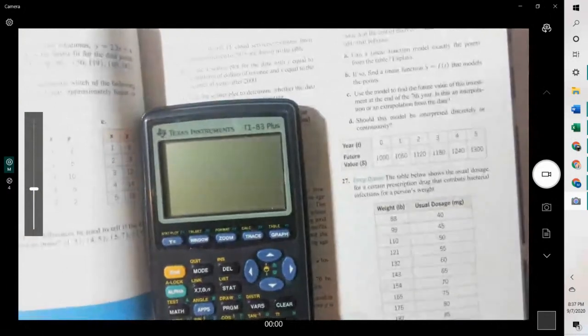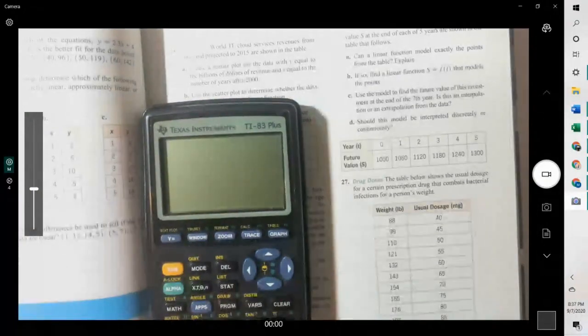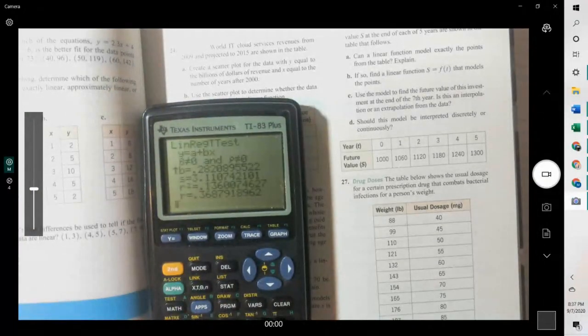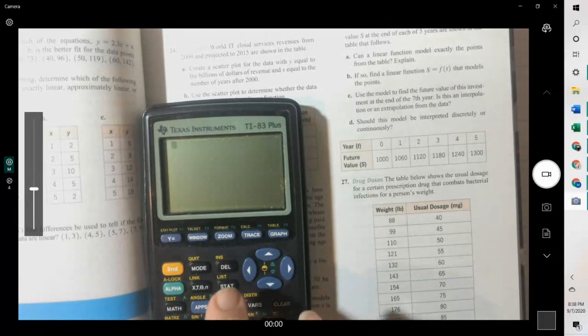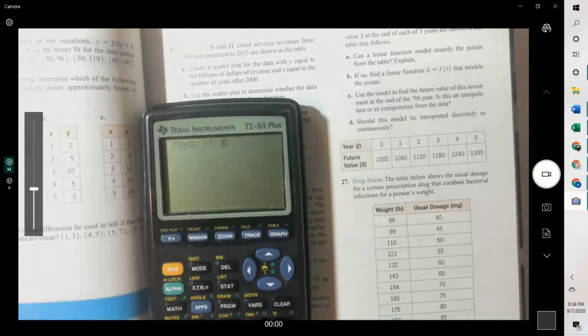So if we plug these values into our calculator, first I need to clear my lists, L1 and L2.